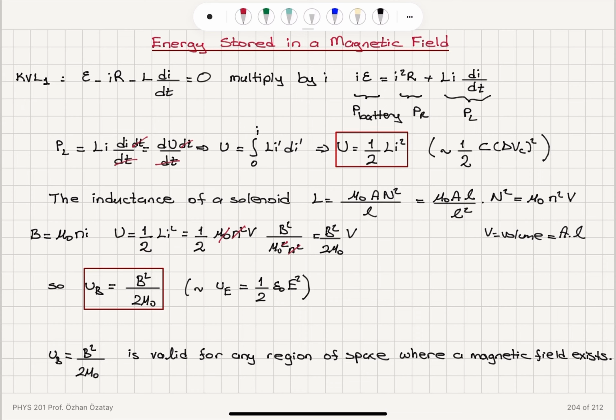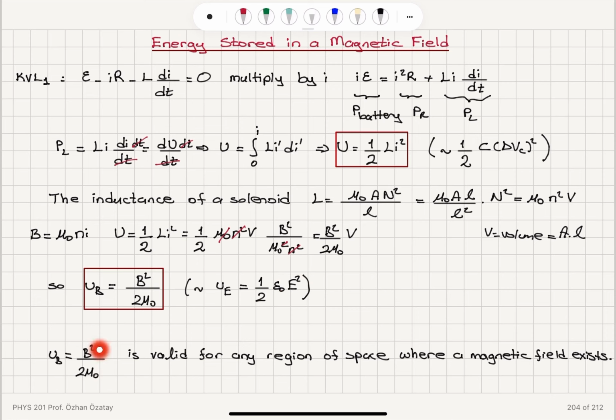The energy stored is 1/2 Li squared, so it is 1/2 L mu0 n squared V I squared, which is B squared over mu0 squared n squared, which is B squared over 2 mu0 times volume V. So the energy density, energy per volume, is B squared over 2 mu0, which is similar to 1/2 epsilon 0 E squared in the case of electric field.